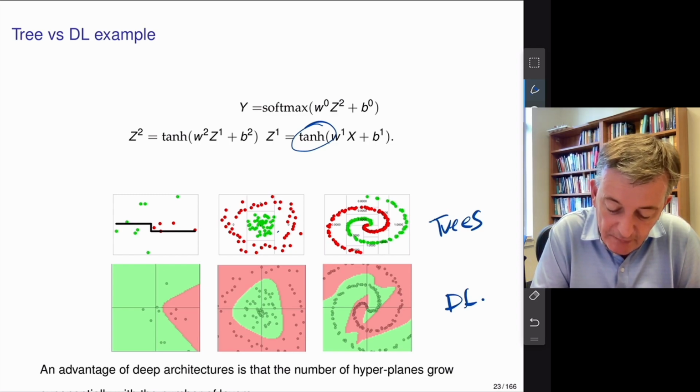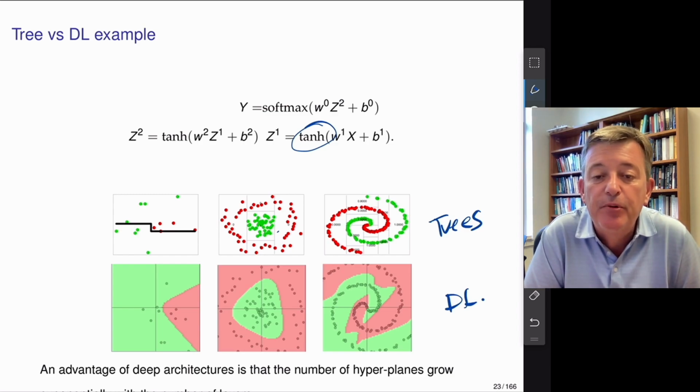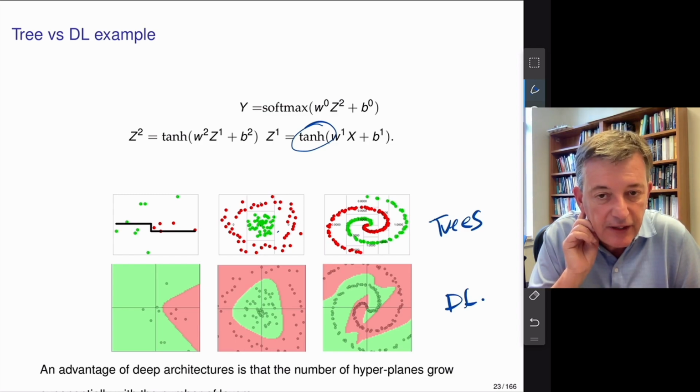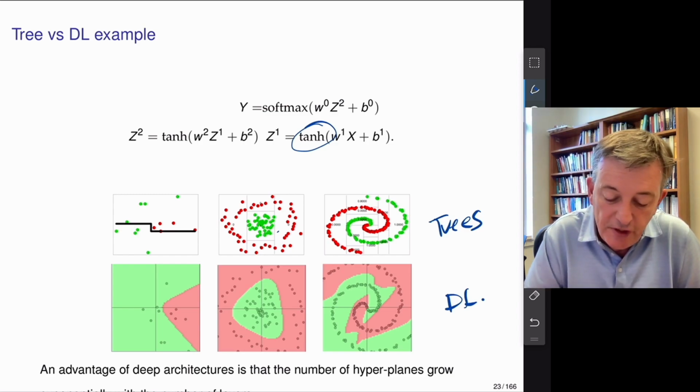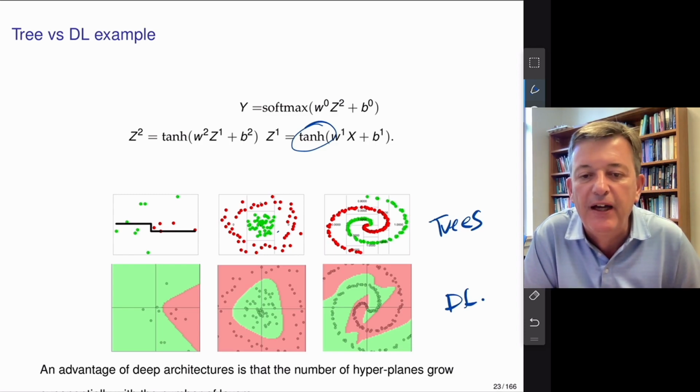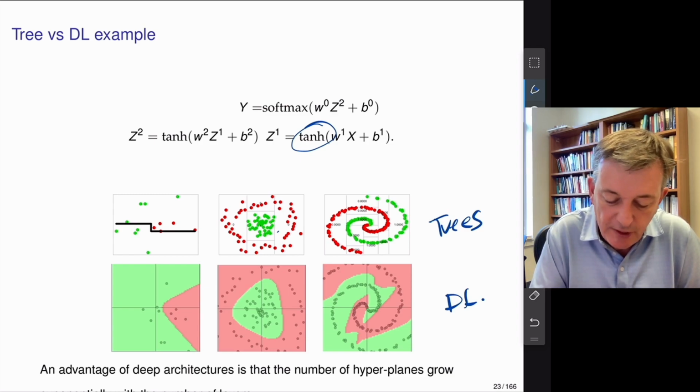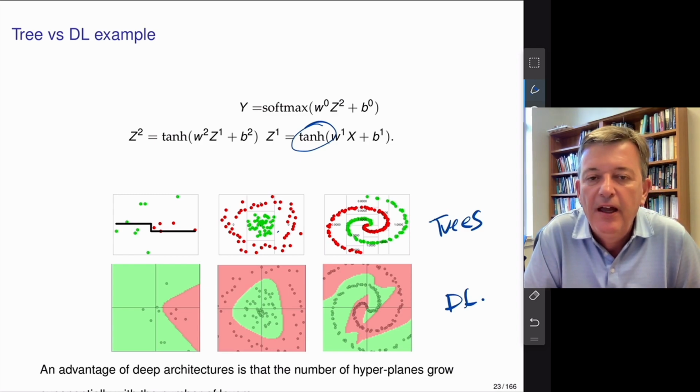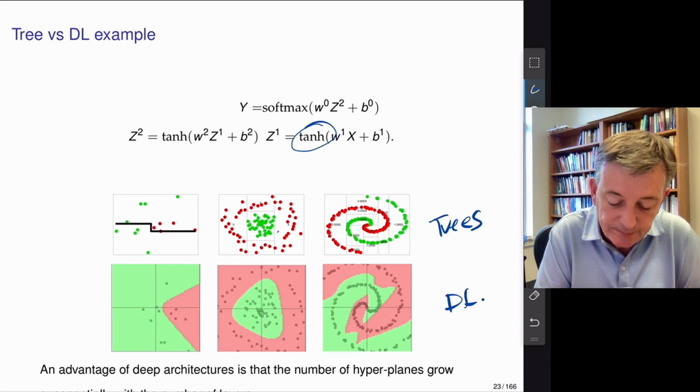So here, maybe I won't match it exactly, but I've got my red region and green region to separate the two sets of points. Okay, so hopefully that gives you an idea that trees get more and more complicated. I've got to do finer and finer cuts, and it's harder and harder to find how to do that, as opposed to deep learning, which can universally, with that simple architecture, solve all problems.